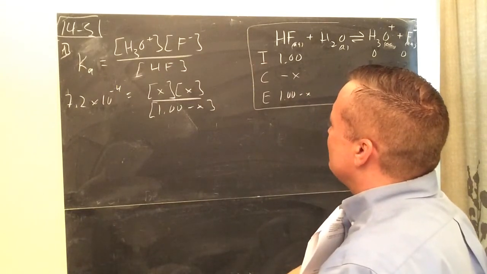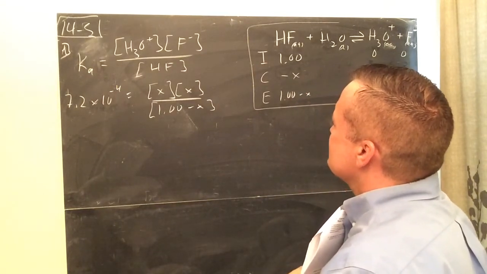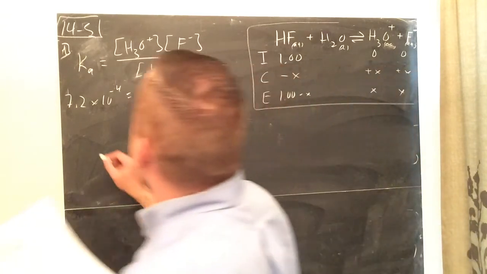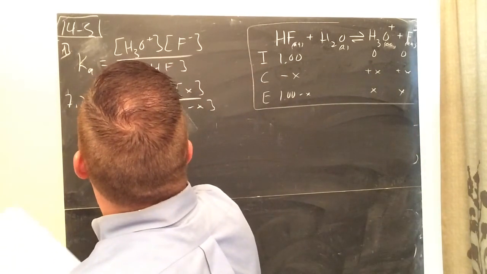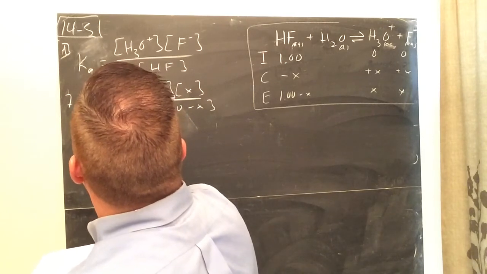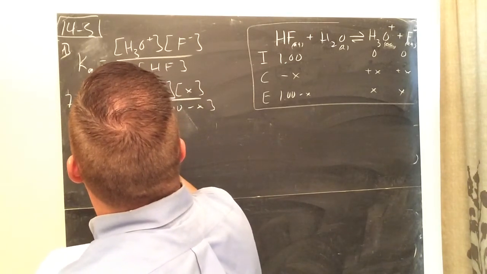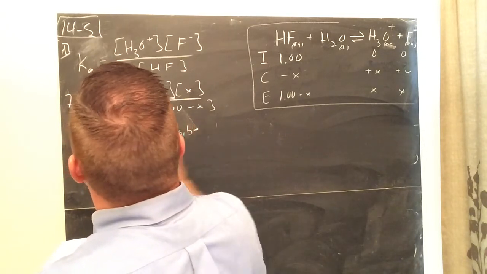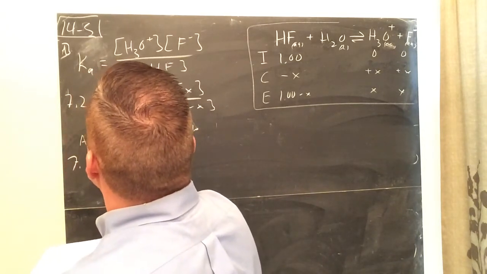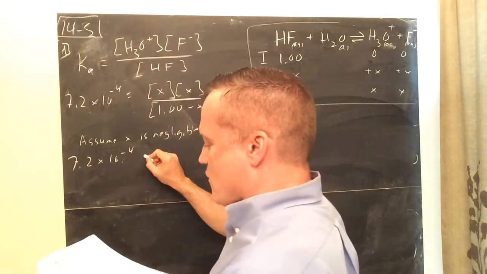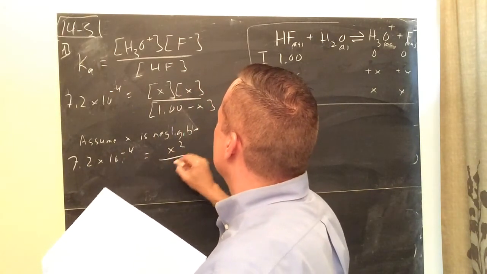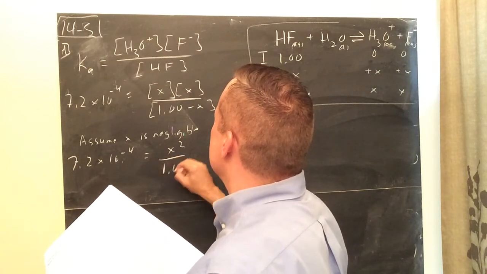Now, for this one, what we'll do is you can assume X is negligible. So then that means 7.2 times 10 to the negative 4 is equal to X squared over just 1.